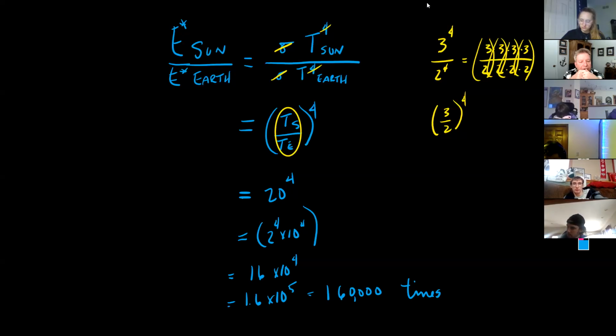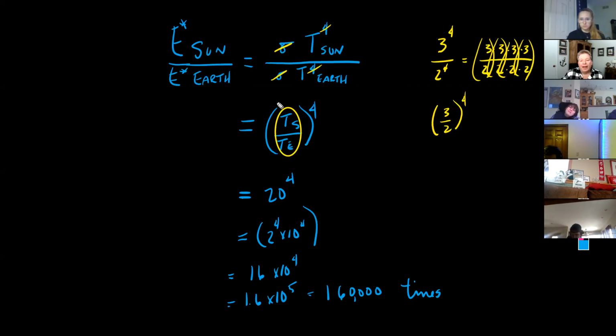Aaron, do you understand what's going on here? No. What are you getting confused over? The exponents. Okay, Aaron, let's do this for a second. While you guys are figuring this out, Aaron, do you understand what I've done here?